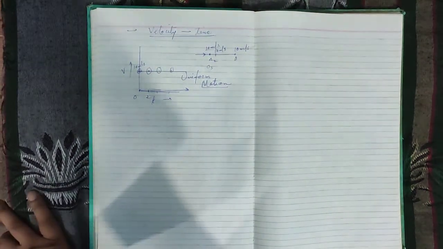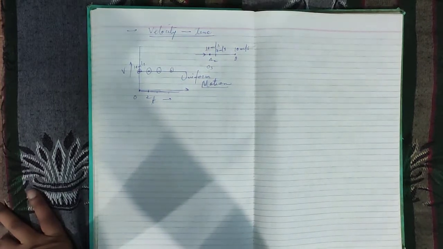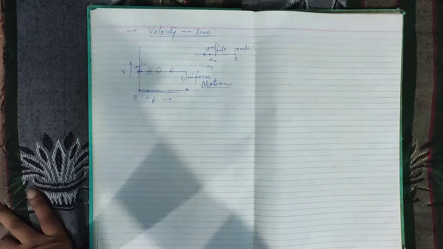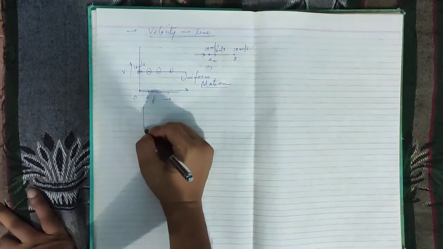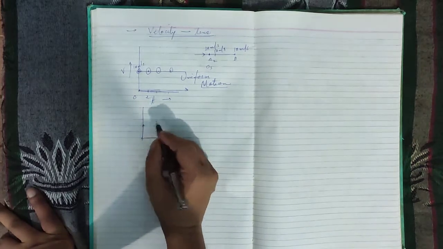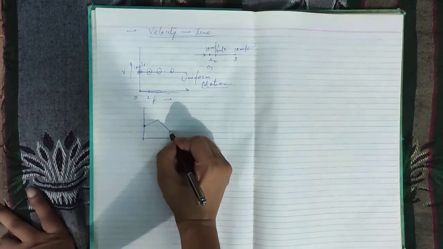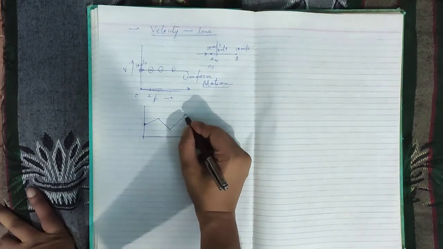Yes? Okay. So the next point is non-uniform motion. Obviously, in non-uniform motion, its velocity changes. Suppose it started with 10 meters per second, now it is 11, now it is 8, now it is 12.